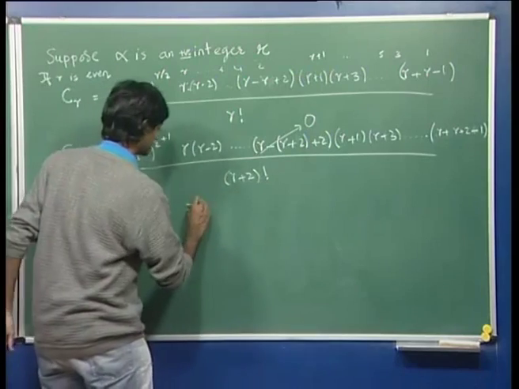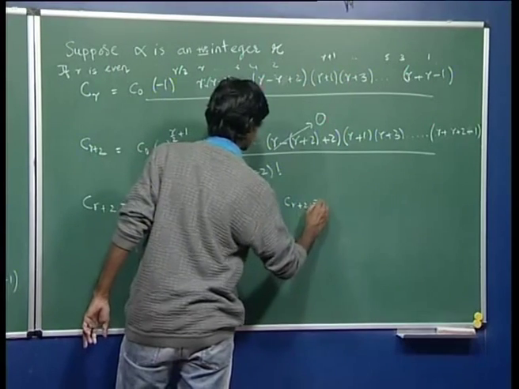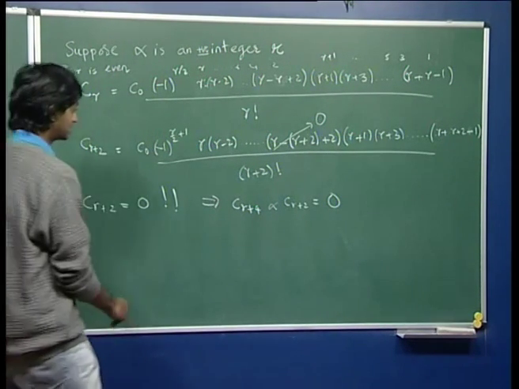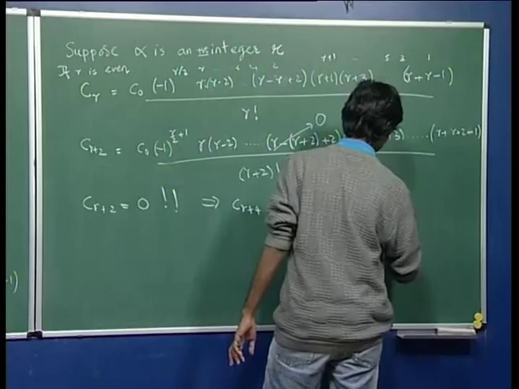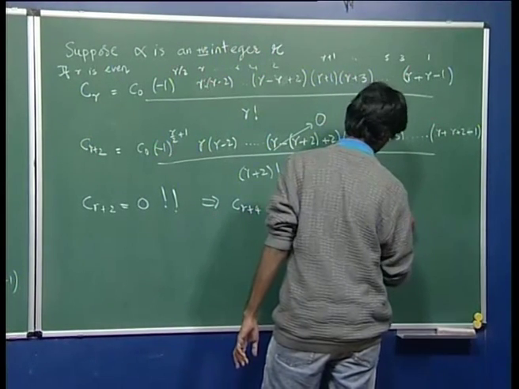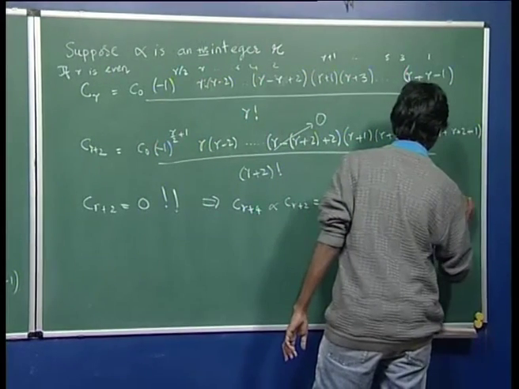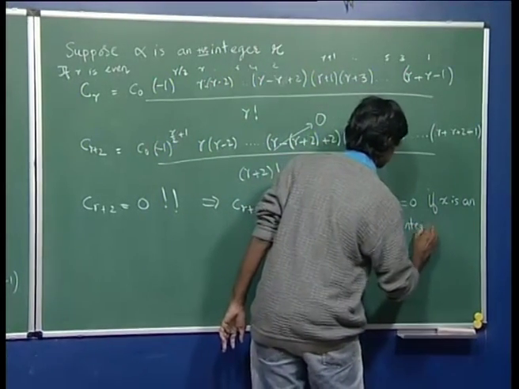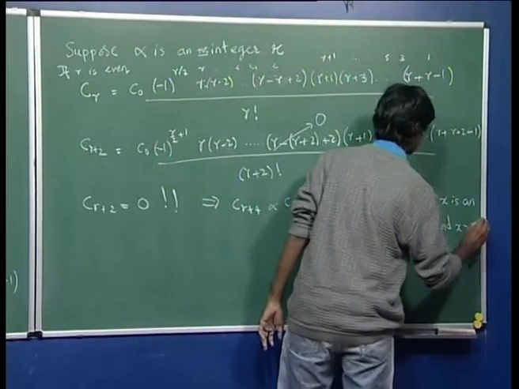And this immediately implies C r plus 4 is proportional to C r plus 2 equal to 0. C r plus 4 is just a multiple of C r plus 2, and that is also equal to 0, and so implies C of x equal to 0 if x is an even integer and x greater than r.